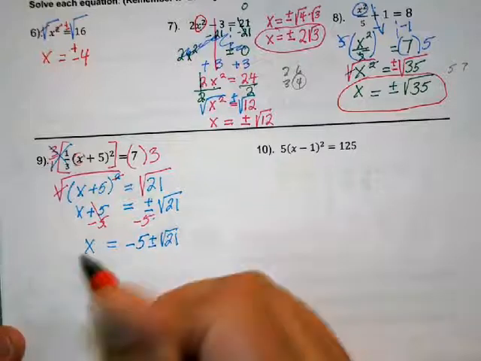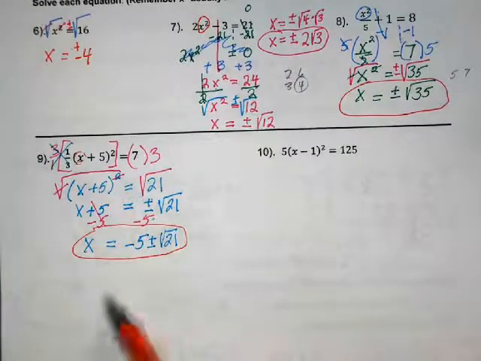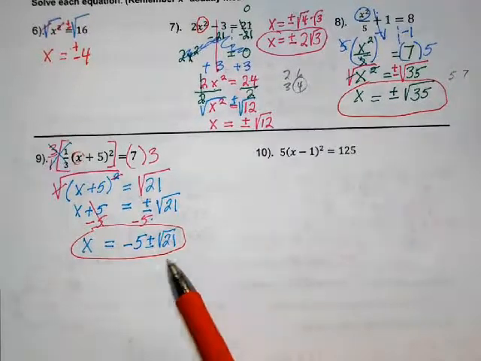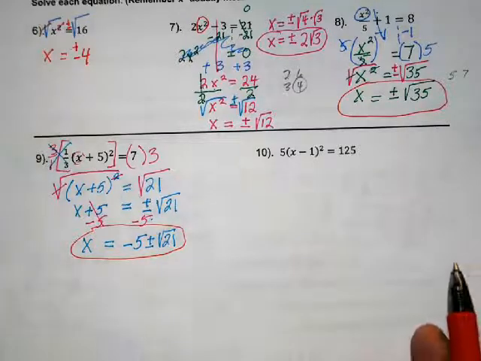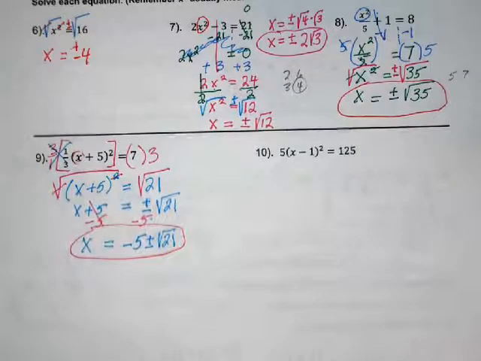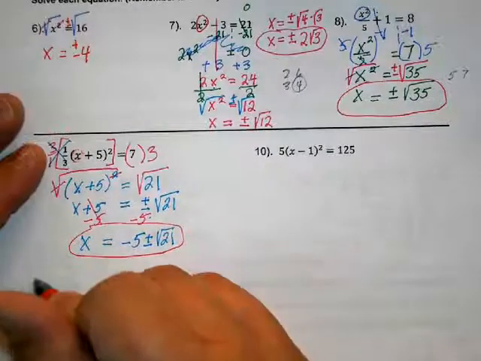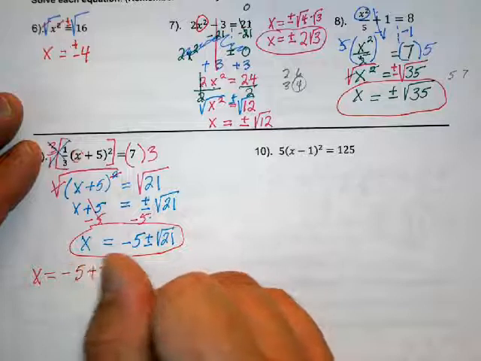Please remember, this is 2 answers. Just like when we did yesterday, most of our problems when we solved quadratic equations by factoring, we got 2 answers, right? x equals -2, 5, whatever it was. And technically this is x equals -5 plus the square root of 21, comma, -5 minus the square root of 21.